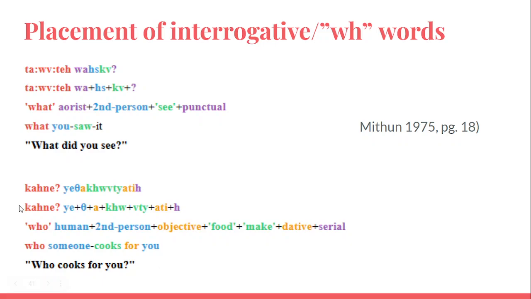But I did see examples in Mithun's grammar where you can put words like tawate and katne in the middle of a sentence to separate two clauses. Like, I don't know, and then the where allows you to make a new clause. I don't know, that's a sentence by itself, and then the where introduces another clause, essentially a little short clause, where they went.